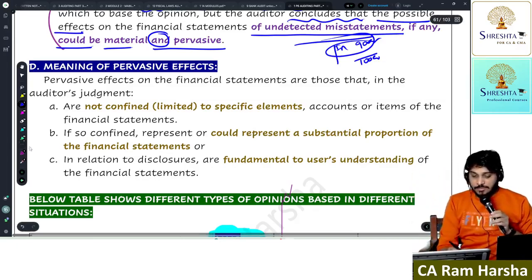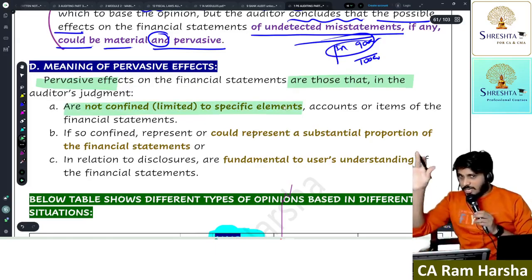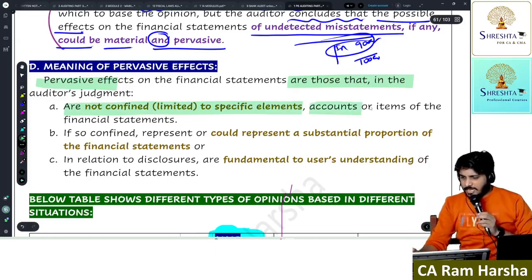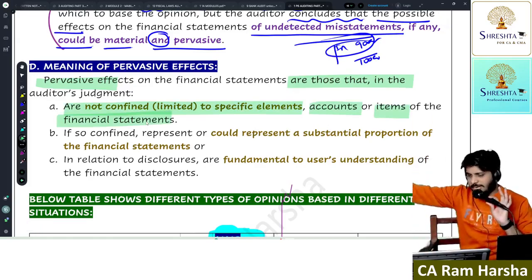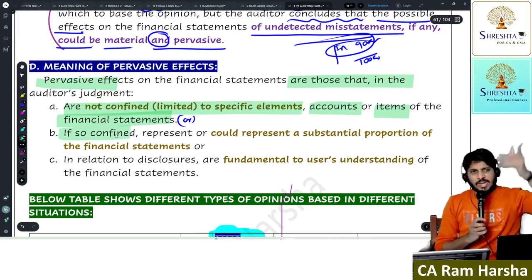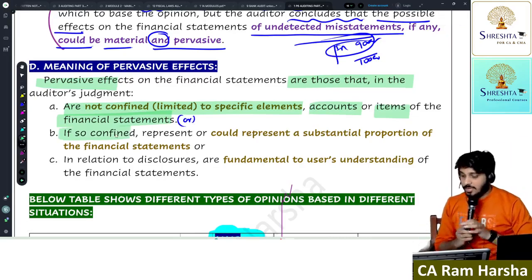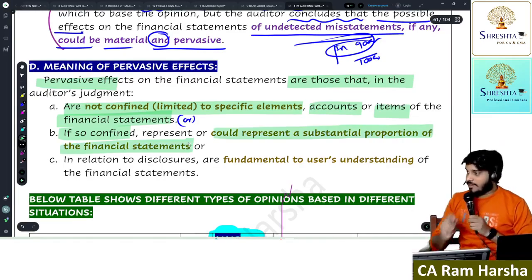You see the pervasive definition. Pervasive effects are those which are not confined to specific items, specific accounts, specific items of the financials. It is not one or two items, but multiple items. Or, here it is "or", if so confined, okay, it is one item, then do we say pervasive? It represents a substantial portion of the financial statements.